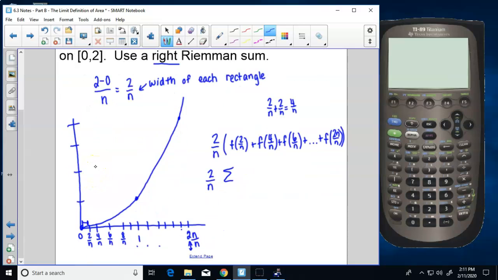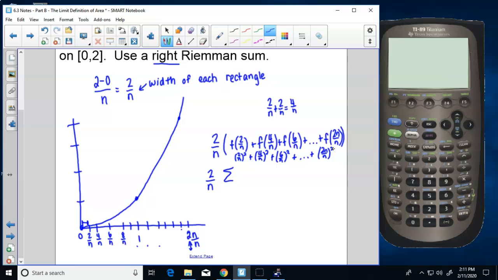I guess instead of writing this, I could have done 2 over n squared plus 4 over n squared plus 6 over n squared plus 2n over n squared.